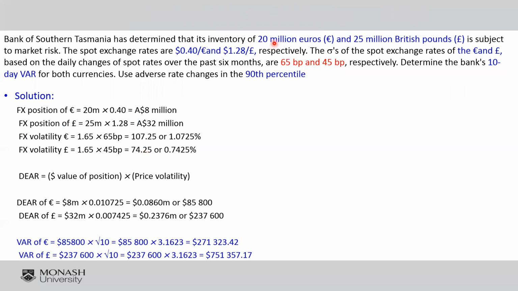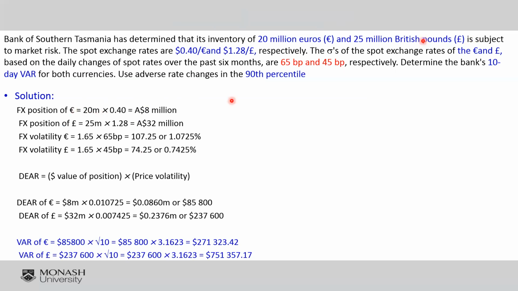So take this example. If I have 2 holdings, I'm an Australian company, for example, and I have euros and British pounds. I have 25 million British pounds, and I have 20 million euros.